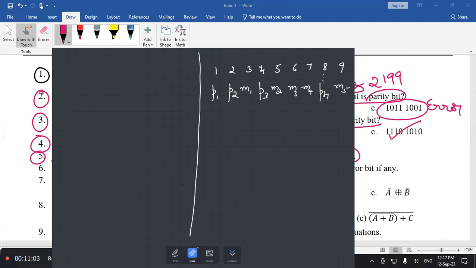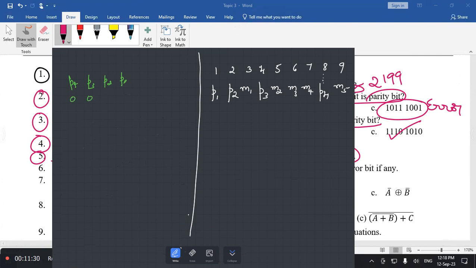Now, okay, I will write P1, P2, P3, P4. Listen carefully. During the last class you had only P1, P2, P3, right? Now you have P1, P2, P3, P4, right? So that's why now write all the combinations, right?